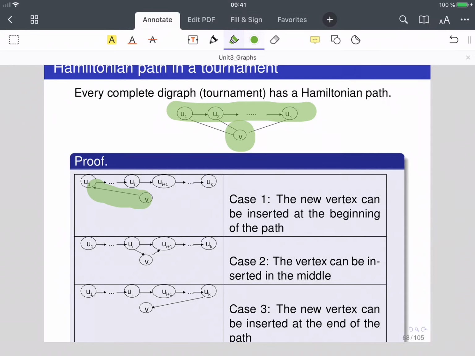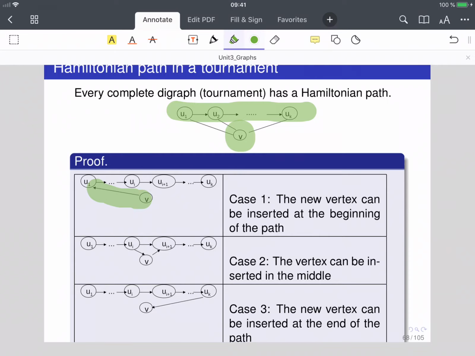But maybe we do not have that arrow from V to U1. Now is when we use that the graph is a tournament. It's a complete directed graph. So if we cannot go from V to U1, then it means that we can go from U1 to V, because the graph is complete.